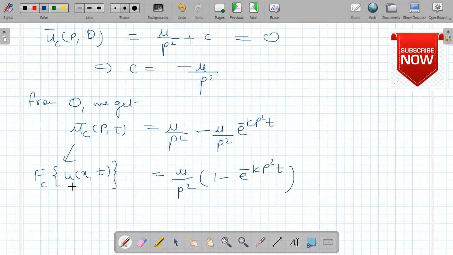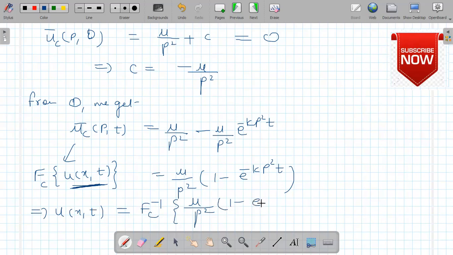To find u x comma t, we need to take Fourier cosine inverse of this. So u x comma t is Fourier cosine inverse of this function, which is a function of p.